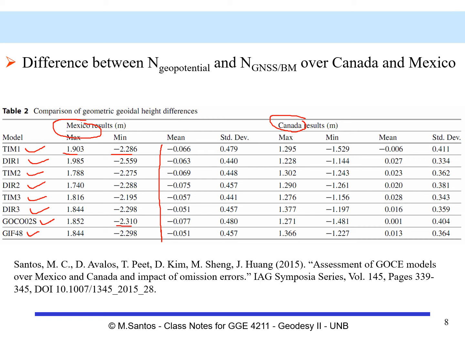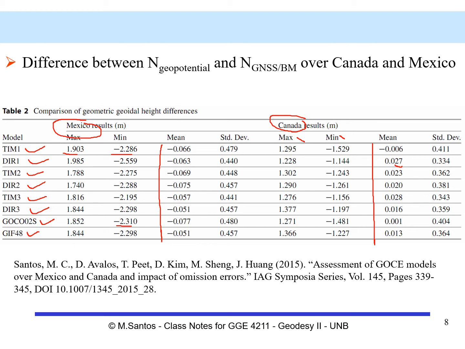For Canada, the fit is slightly better, well, I'd say it's much better. It is in the range of 2 centimeters, roughly 3 centimeters maximum in mean terms, but in terms of minimum and maximum, we also have values that vary between plus or minus 1.3 to 1.5 meters.